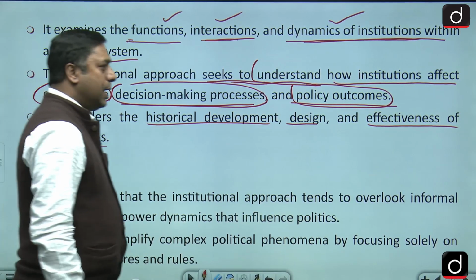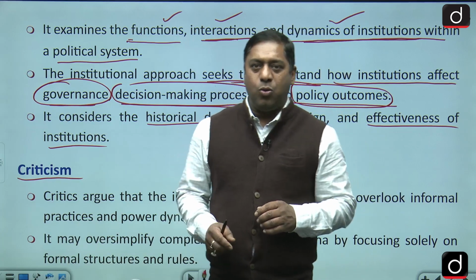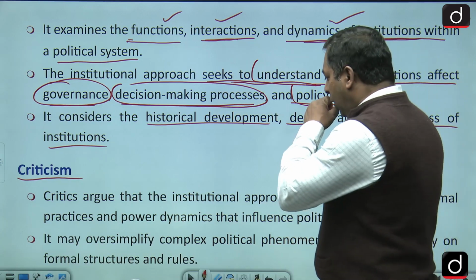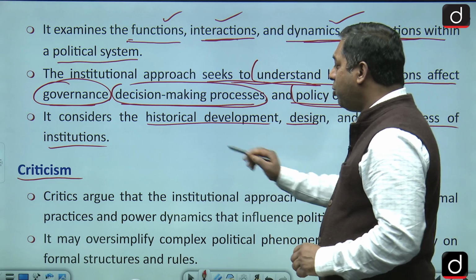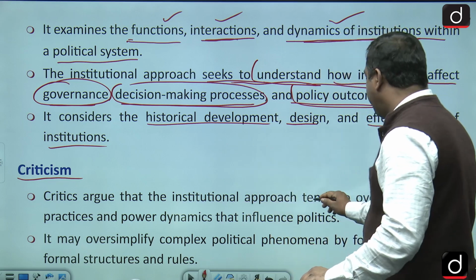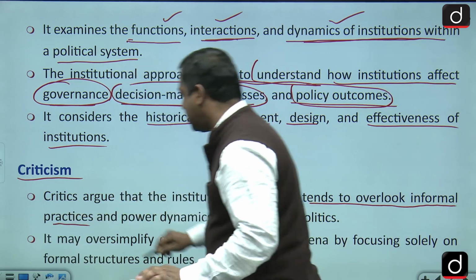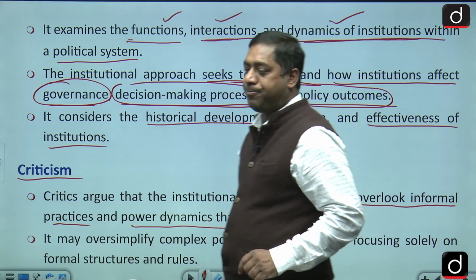The institutional approach was criticized. And on what grounds was it criticized? The critics argue that the institutional approach tends to overlook informal practices and power dynamics that influence politics.